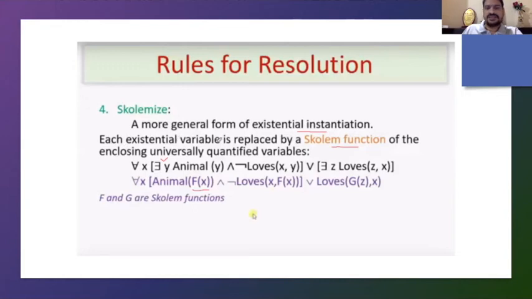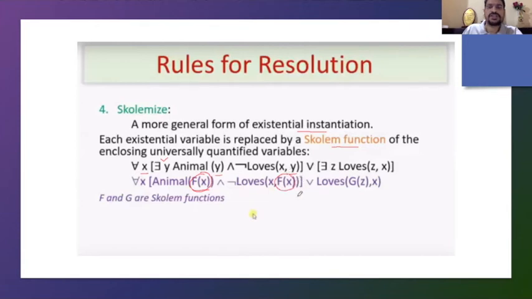Each existential variable is replaced by a Skolem function of the enclosing universally quantified variable. So if we have a universally quantified variable, that will change it. Here you can see the universally quantified variable is x. So we'll change this y to a function of x, this y to a function of x, and here also this y to a function of x.